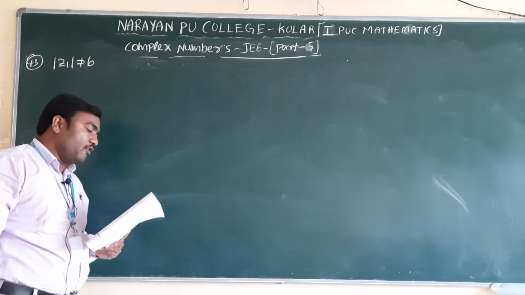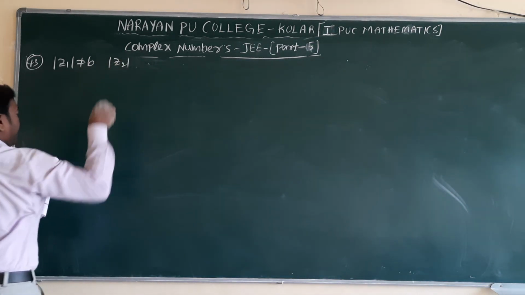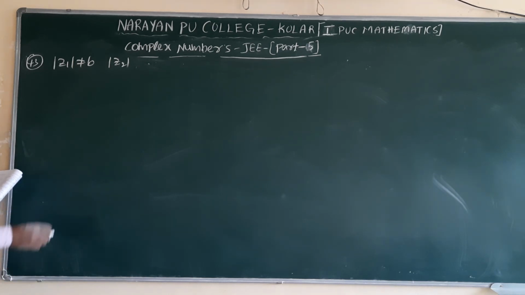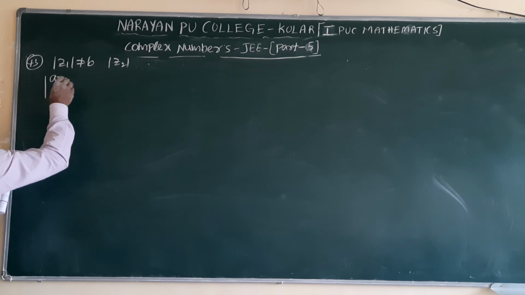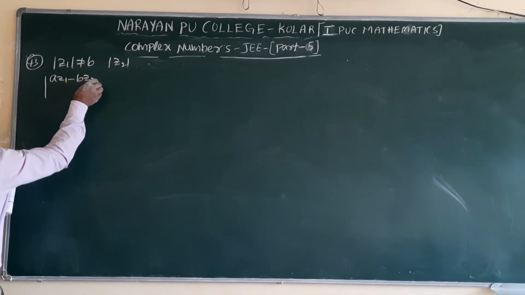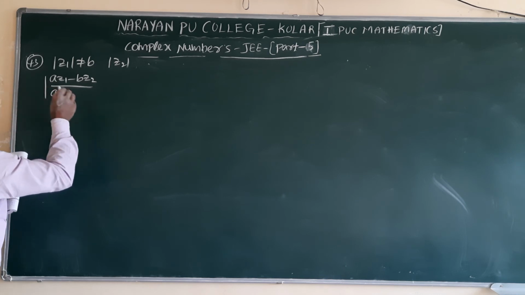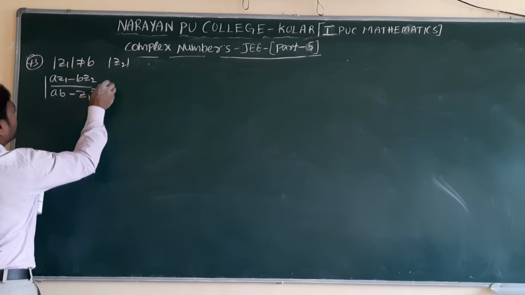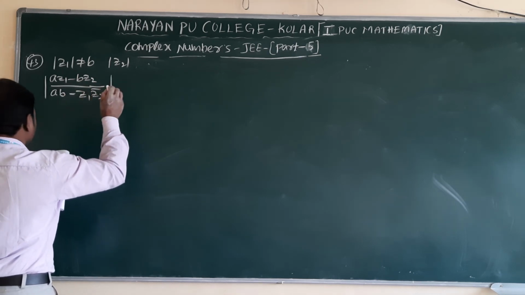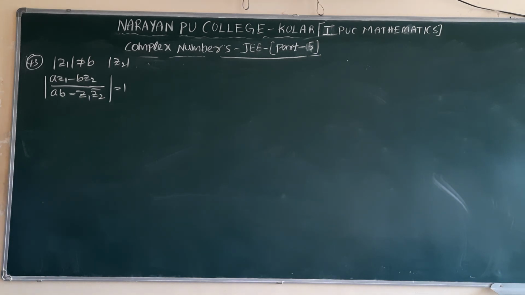Then find the value of modulus of z2 if the modulus of a z1 minus b z2 divided by ab minus z1 into z2 bar is equal to 1.